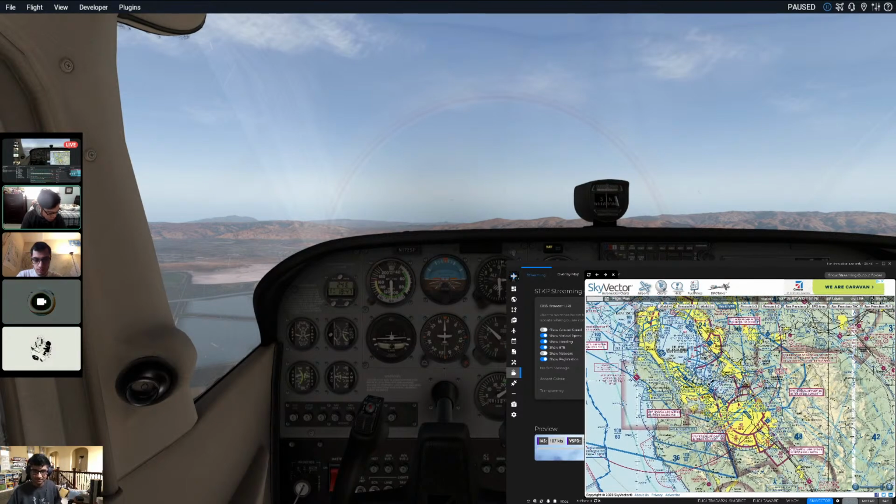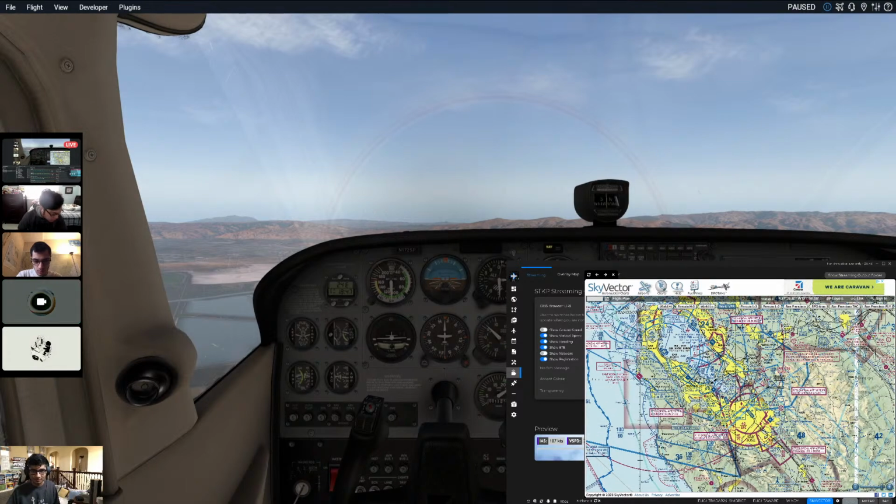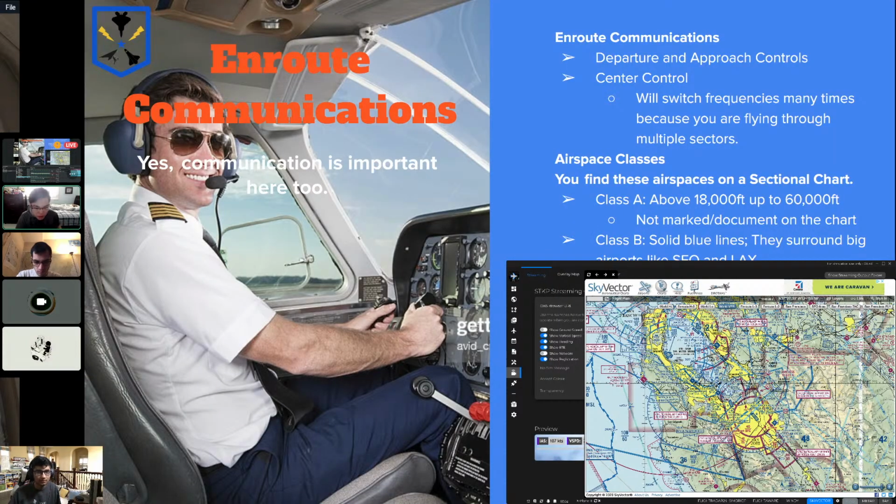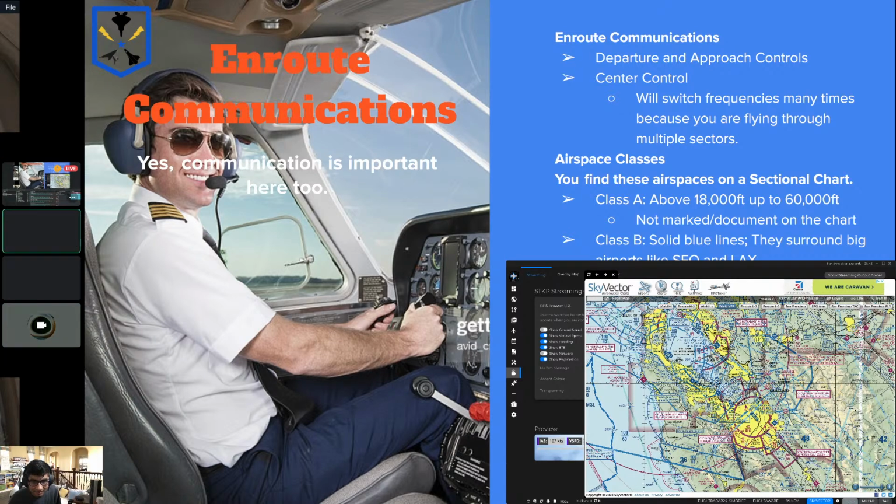So I guess we dissect the airspaces down. Okay, so we'll just start with Class Alpha. There are a couple different airspaces: Class A, B, C, D, E, and G. There's no F. Class Alpha is not on the chart because Class Alpha is above 18,000 feet.